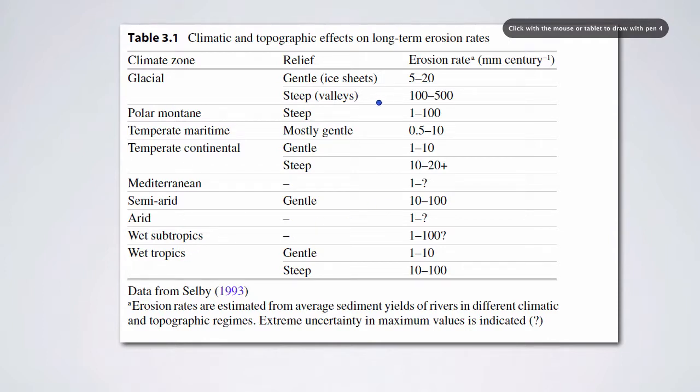And again, you can see essentially it's millimeters per century, and there are some places that have relatively high erosion rates, these steep valleys, for example, and other places that are relatively low, where you have gentle slopes, or in arid systems, for example, where you just don't have a lot of water that's going to generate the high velocities to generate erosion.